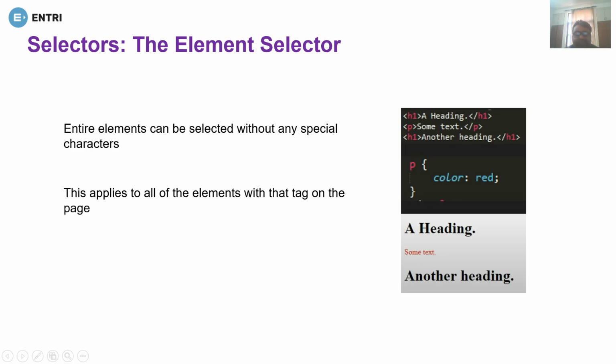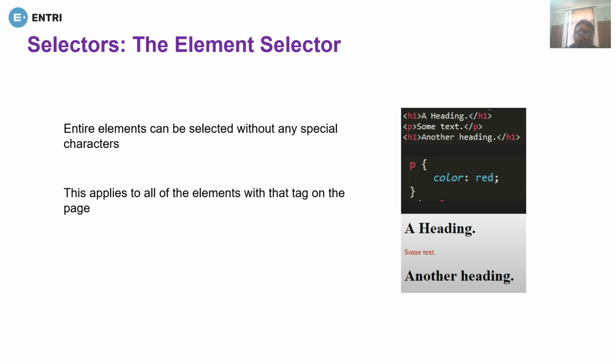So maybe there are 10 paragraph elements, then all the paragraph elements will have the same attribute. Okay, the same thing. So the element selector is very useful when we generally want to perform a global operation, a global applicability of a tag, or an element.